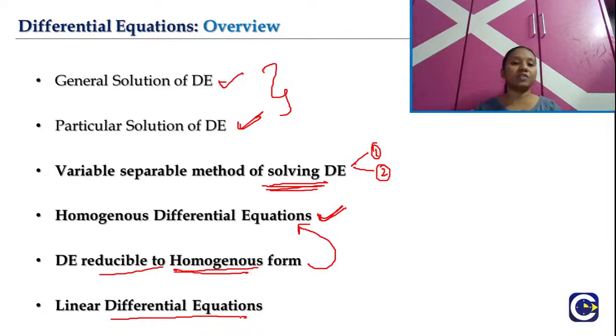Here in detail we will look at how to solve any linear differential equation. So the typical methods are: first the variable separable method, then solving homogeneous differential equations, and then solving linear differential equations. These are the methods we will use to solve a given differential equation.